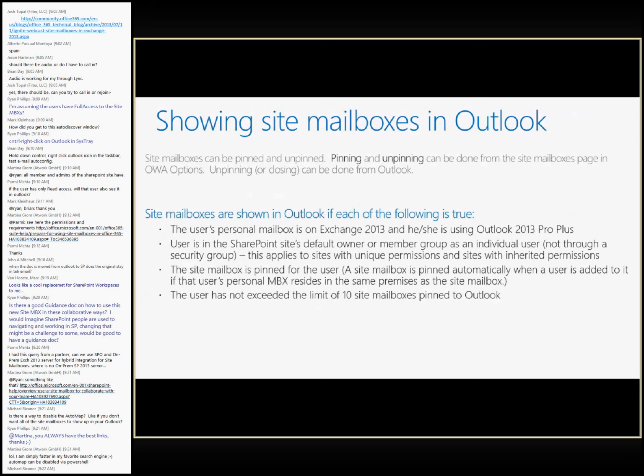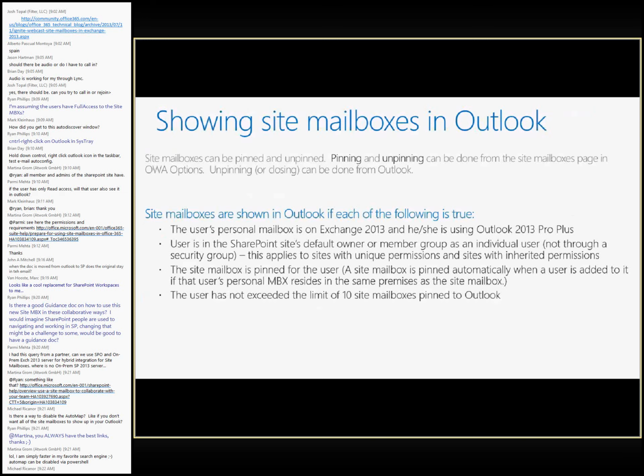When you're talking about Outlook, site mailboxes are only visible, or they light up, if you have your mailbox on Exchange Server 2013 and if he or she is using Outlook 2013. It is not available in Outlook 2010 or anything below. It has to be Outlook 2013 Pro Plus, and that's the only version in which site mailbox would get lit up.